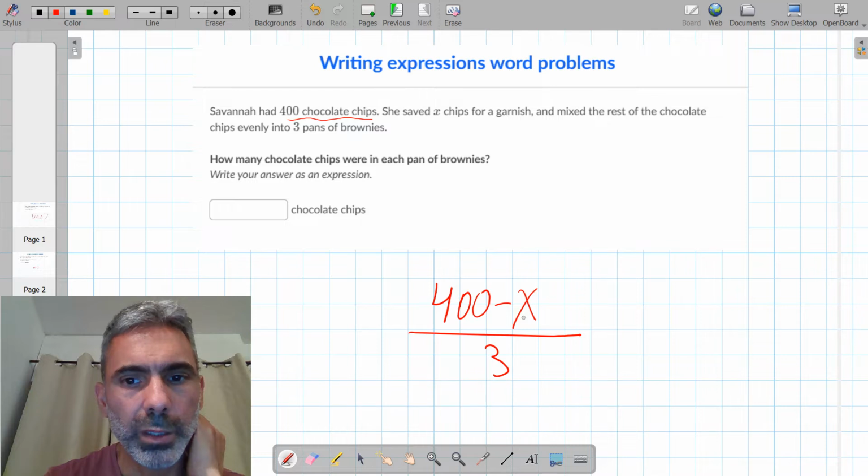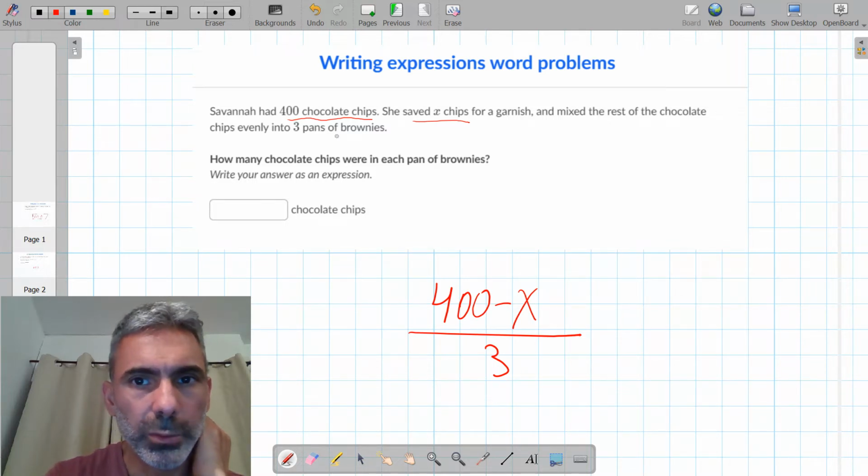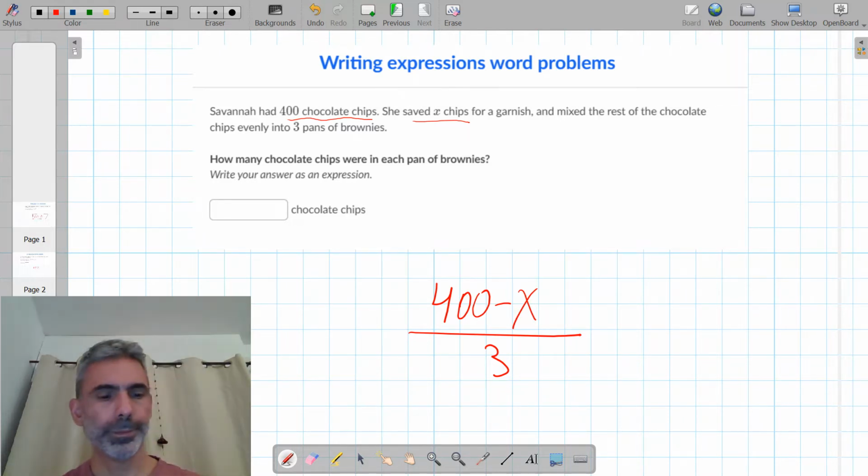After we subtract the amount that she saved for a garnish, we know how many chocolate chips she used for the brownies, and she's divided this amount into 3 pans. So each pan of brownies got 400 minus X divided by 3.